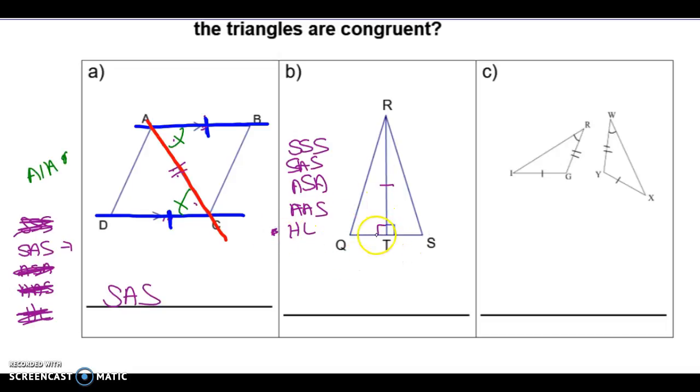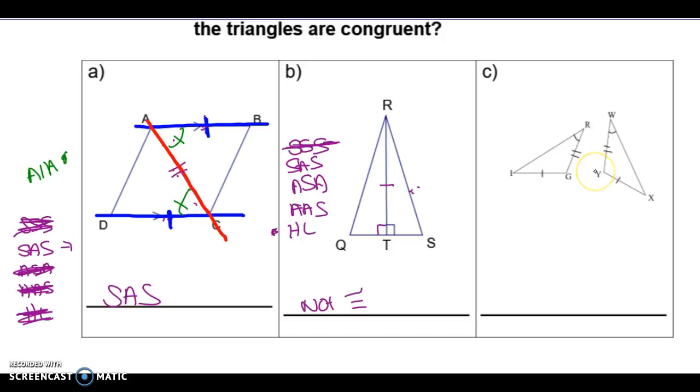Right now I have an angle and a side, so I know it's not side, side, side, but I need two sides or two angles, or another leg, or I need the hypotenuse. Now, I only have one angle and I only have the leg. I don't have the hypotenuse marked congruent. I don't have another angle and I don't have another side. So I cannot say that these are congruent. You have to have enough information.